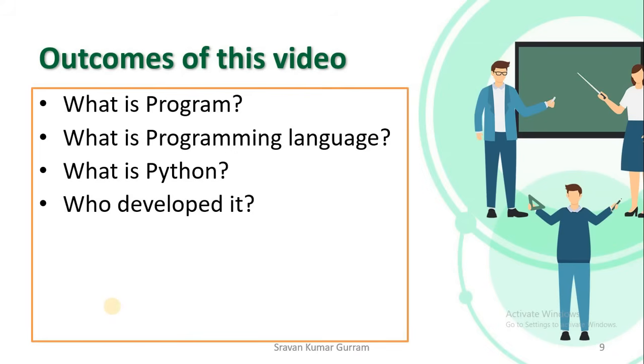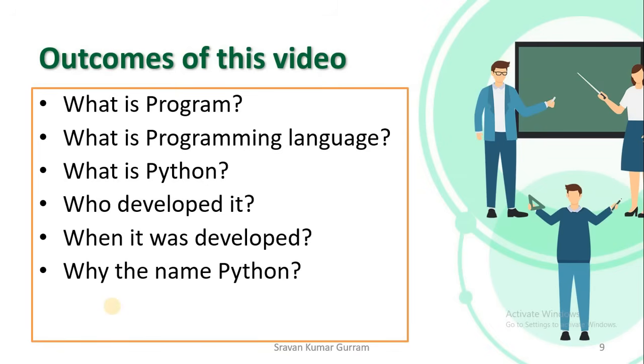Who developed it? Python was developed by Guido van Rossum and officially it was released in the year of 1991. Why the name Python? So at that time he was interested in the comedy series Monty Python's Flying Circus.